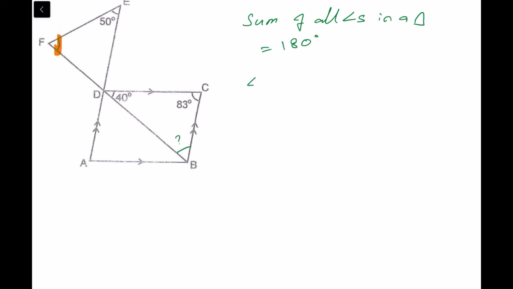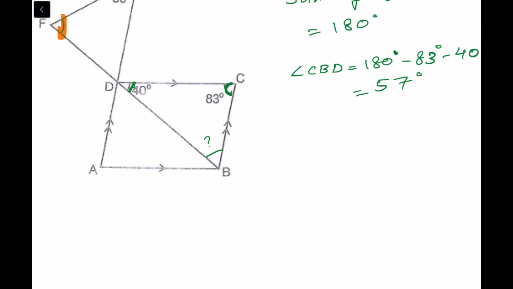Angle CBD would simply be 180 degrees minus 83 degrees minus 40 degrees, which gives us 180 minus 57 degrees. So angle CBD is 57 degrees.